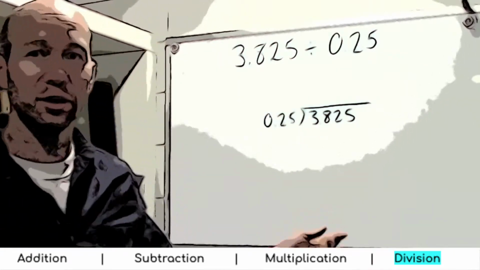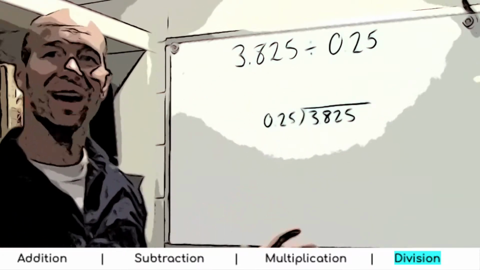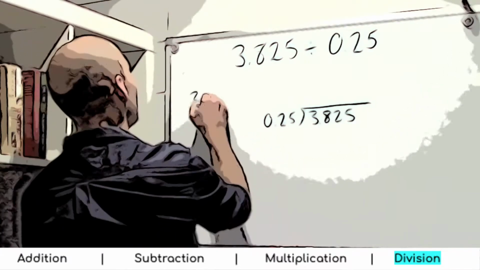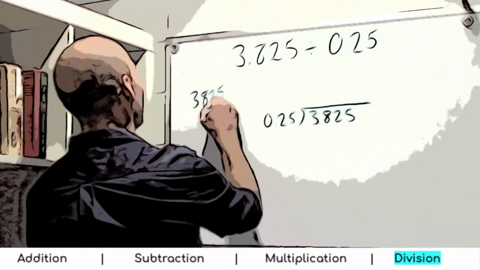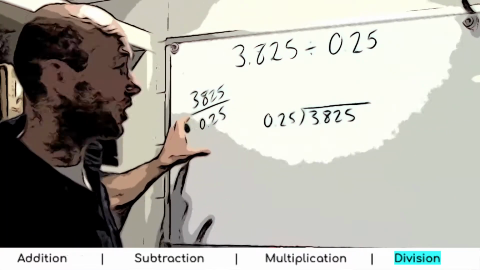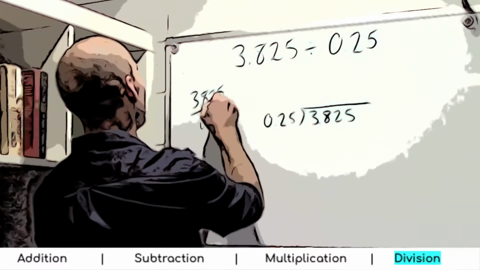We could do it this way. We could move all the decimals. It would be really, really hard. We can instead make an equivalent fraction, because 3.825 divided by 0.25 is the same thing as if I were to move those decimals over 2 places.